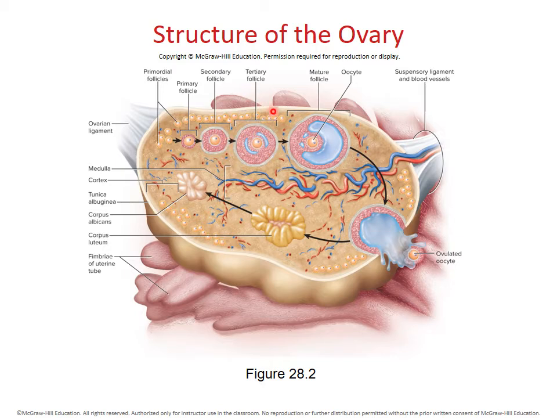Your book talks about a tertiary follicle, which I think most books consider to be just a late secondary follicle, and we see that fluid-filled space starting to develop. At the very end of follicular development, we end with something called a vesicular or Graafian follicle. A vesicular or Graafian follicle is a very characteristic shape.